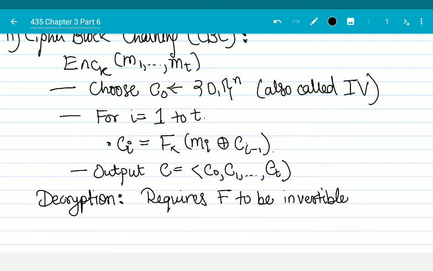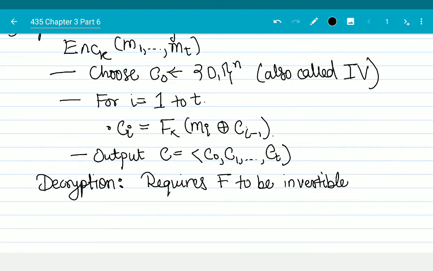But the great news is, it is just expanding the ciphertext by one extra block, which is C0. So ciphertext expansion is just one block.